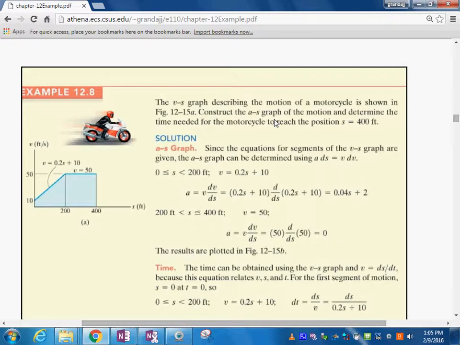So it basically acquires the velocity and then is just coasting. And here you have, since the equations for the segments of the velocity position graphs are given, then the acceleration position graph can be determined by using the fact that a is v times dv/ds.